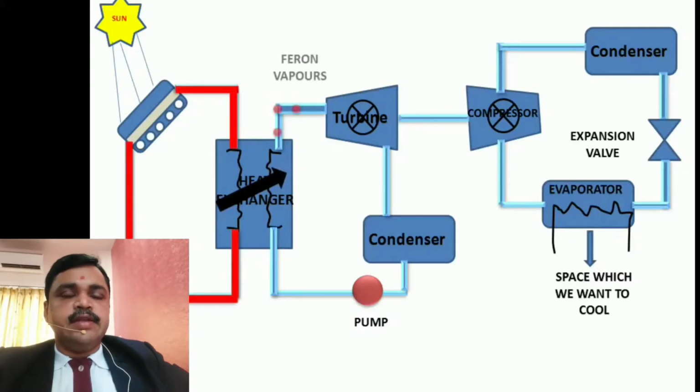Now the second cycle: freon vapors, that is refrigerants, are heated in the heat exchanger and then pass through the turbine and condenser, and that is the refrigerant cycle. Therefore, the turbine converts it into mechanical energy.